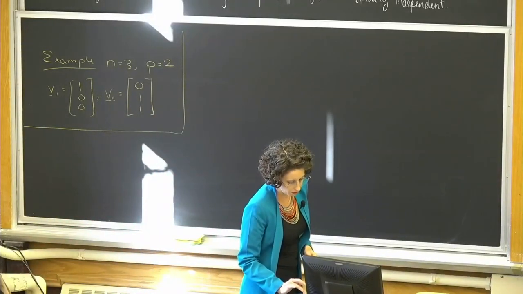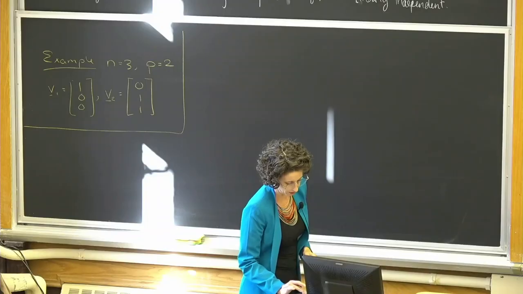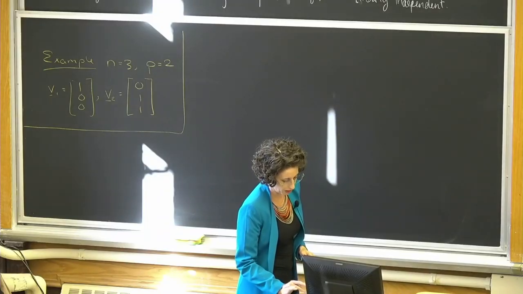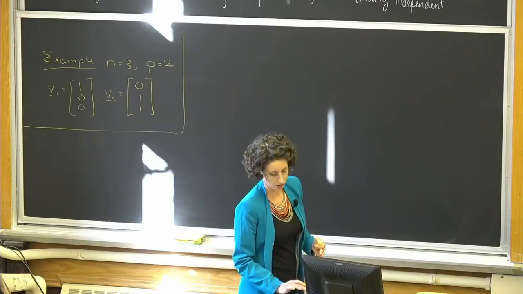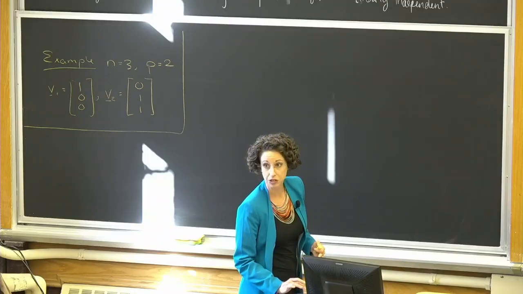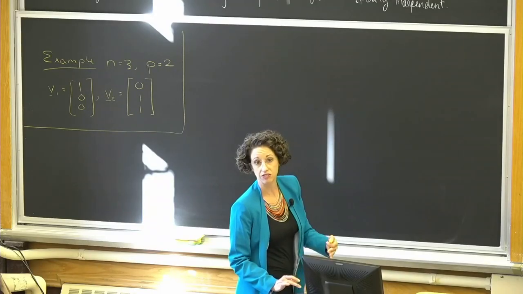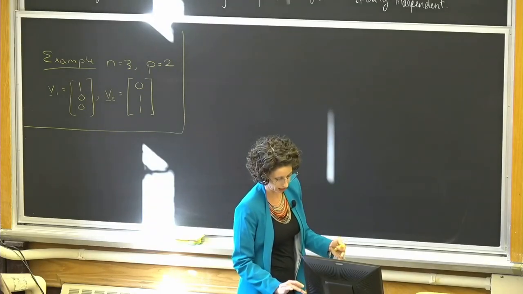From here, I'm going to make a claim. There's a little bit more detail in the printed lecture notes online, and we're going to flesh it out a little more later today.